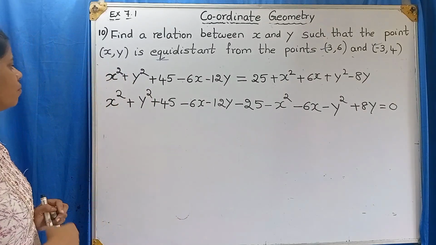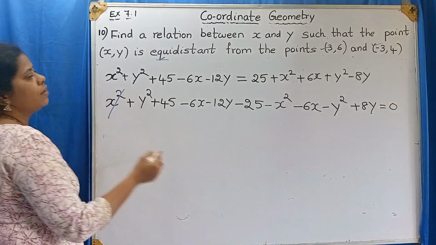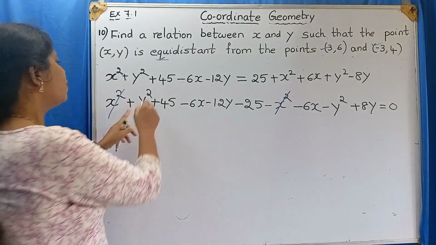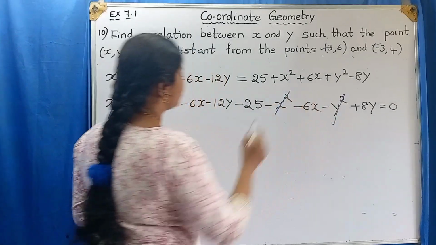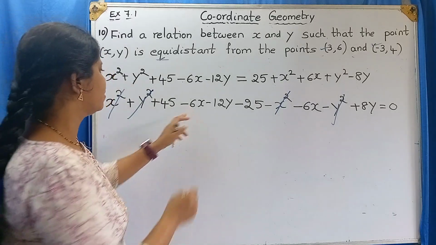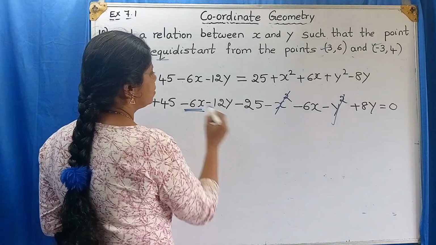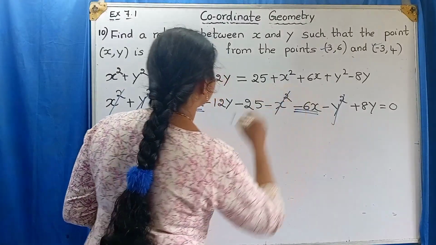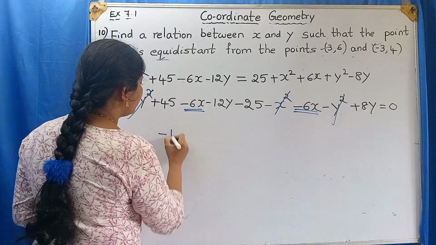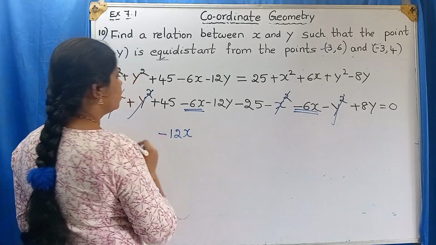Okay. Now, plus x square minus x square, it will get cancelled. Plus y square minus y square, it will get cancelled. Now look at this. Minus 6x minus 6x is how much? Minus 12x. Okay.